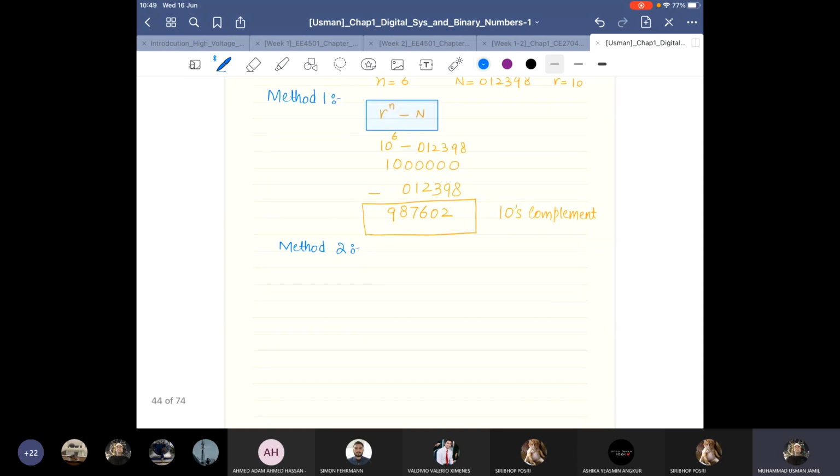Method 2 is: we have R^n minus 1 minus N, and then plus 1, because this part is our R minus 1's complement. Hope you know. This is the R minus 1's complement.